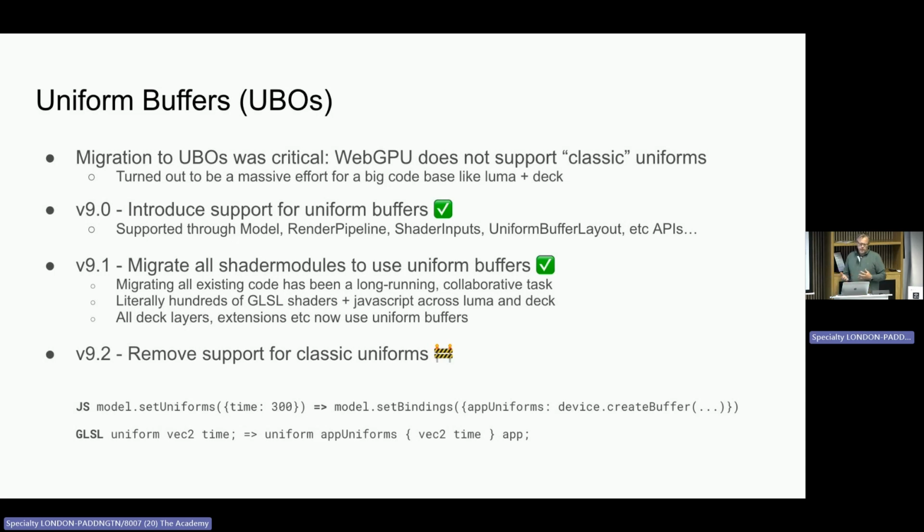One of these, not really the fault of WebGPU, is uniform buffers, which is the efficient and right way to provide uniforms. If you don't know what uniforms are, when you start a shader, you need to communicate some information to it, some variables from JavaScript, in our case, into the shader code, into the GPU. One of the ways of doing that is uniforms.